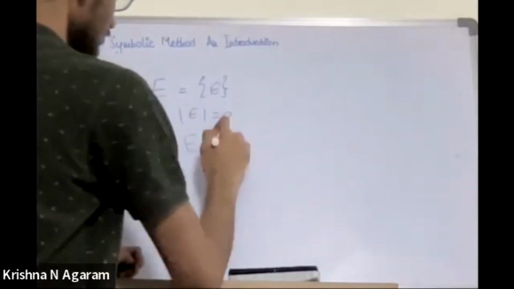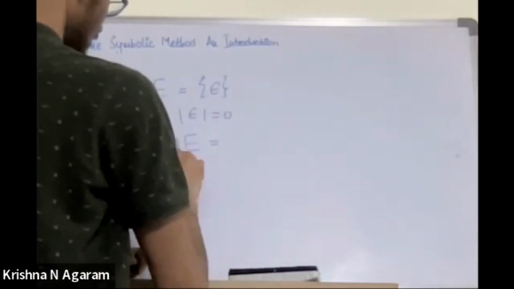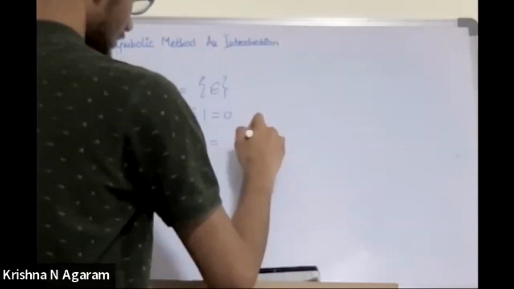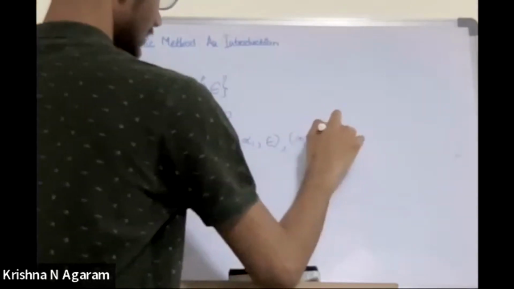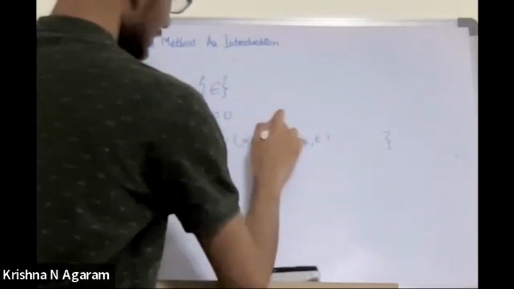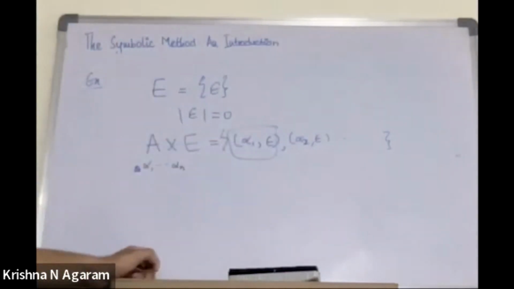So what's A cross E? If A was alpha 1 to alpha n, this is alpha 1 epsilon, alpha 2 epsilon, and so on. What's the size of this?